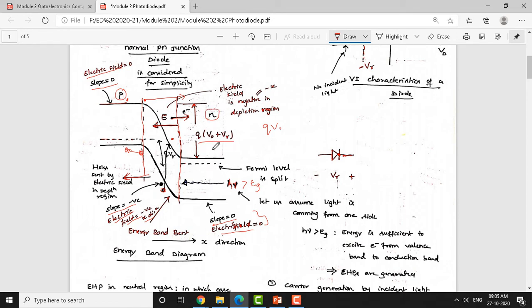Suppose electron hole pairs are created here, suppose there is an electron here and a hole here. This is what is going to happen to these charge carriers, the electron hole pairs generated here.